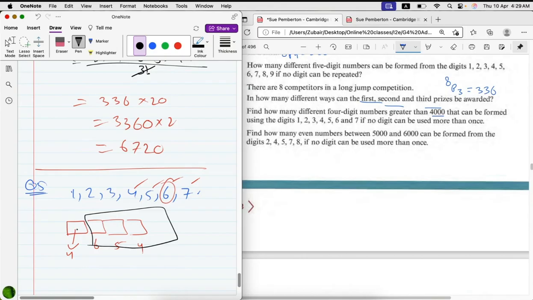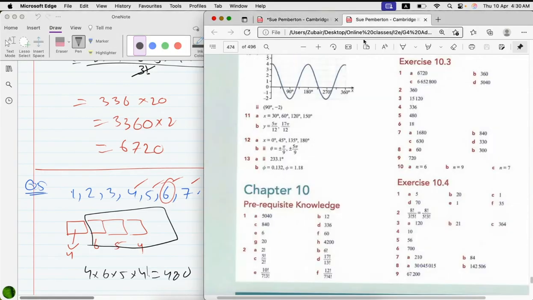And once the number goes there, I'm left with 6 numbers, then 5 numbers and then 4. So this is 4 into 6 into 5 into 4. That's 480. I just hope that is 480. Yes.